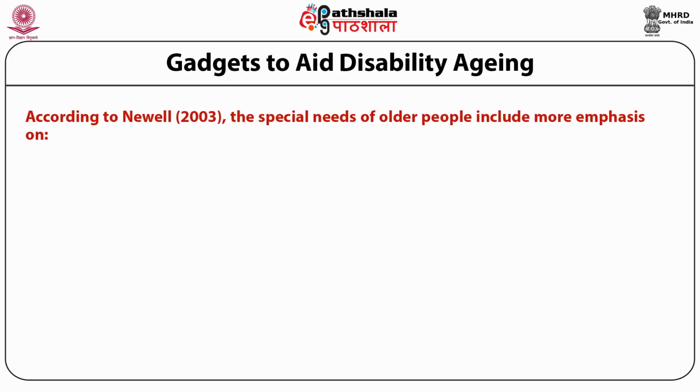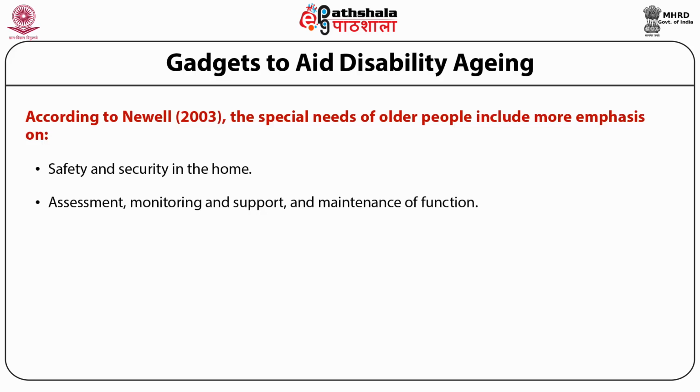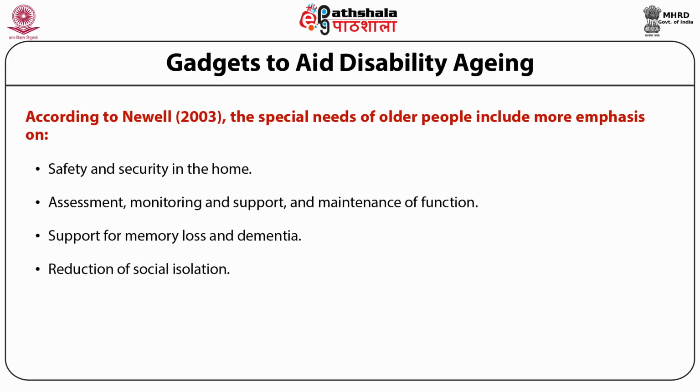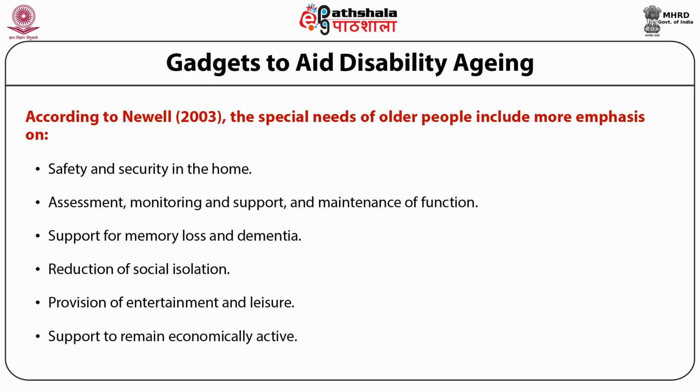According to Newell, the special needs of older people should include more emphasis on safety and security in the home, assessment, monitoring and support, and maintenance of function, support for memory loss and dementia, reduction of social isolation, provision of entertainment and leisure, and support to remain economically active.